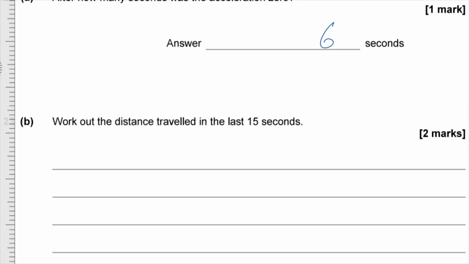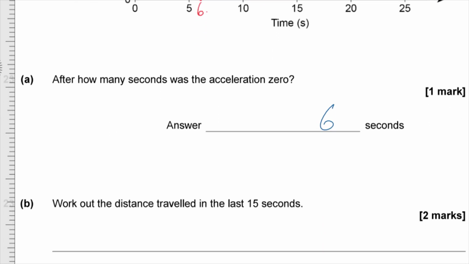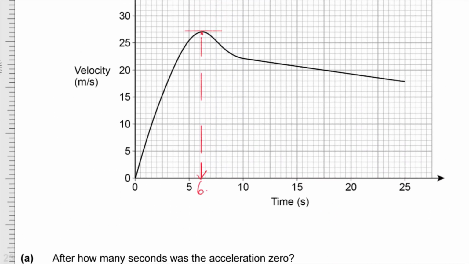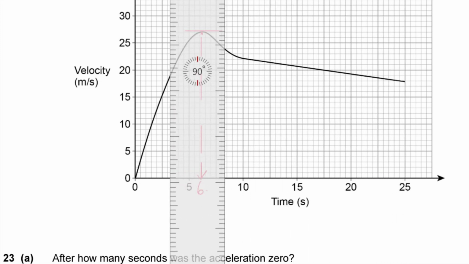And then it says work out the distance travelled in the last 15 seconds. Now, distance travelled is the area under a velocity time graph, and the last 15 seconds is, so 25 seconds less 15 is 10.